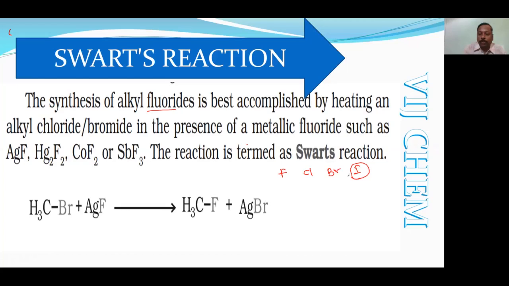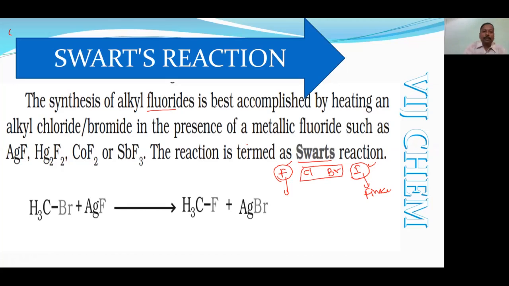We have to force the iodine to do the reaction, and we have to stop the fluorine. It is violently reacting. This one is over smart, this one is under smart, and the smart ones are only chlorine and bromine. So for iodine we have the previous reaction, the Finkelstein reaction, and for fluorine we have the new reaction called the Swarts reaction.